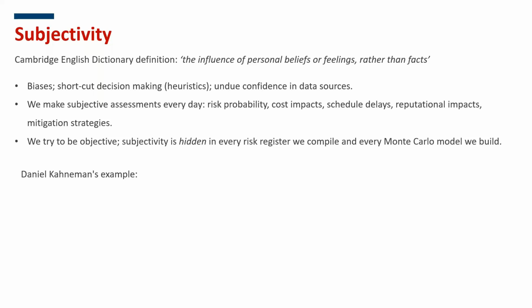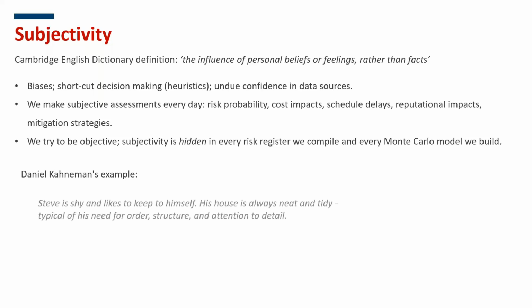I'll use a really simple example, which was put forward by Daniel Kahneman, who's a Nobel Prize-winning economist and psychologist who's specialised in decision-making specifically. So Steve is shy. He likes to keep himself to himself.